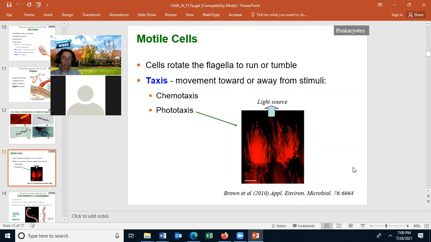There can be chemotaxis, where the bacteria either move toward or away from a chemical stimuli. And then there's phototaxis, where the bacteria can move either towards or away from the light source. Now this bacteria is moving away from the light source, but it is moving by phototaxis. Any question on any of that?